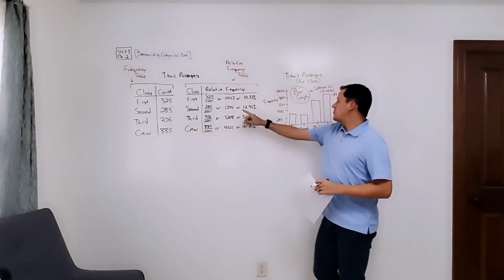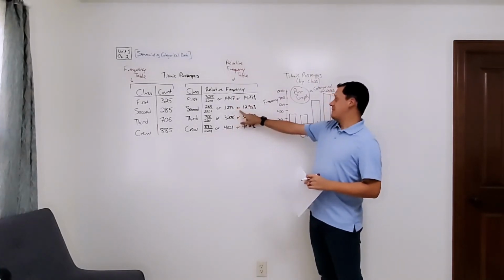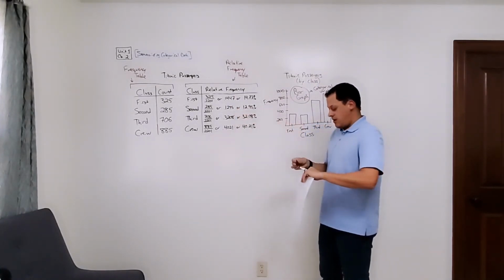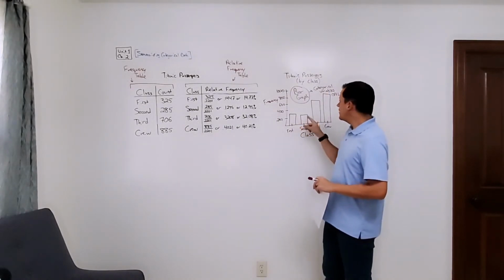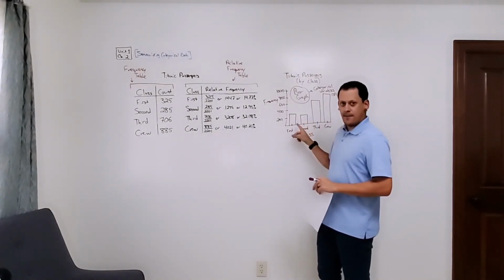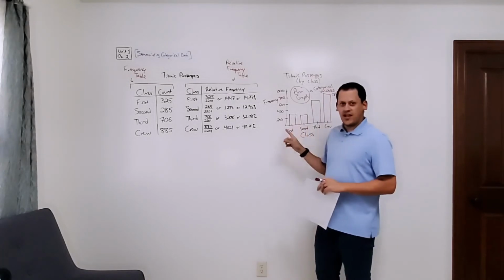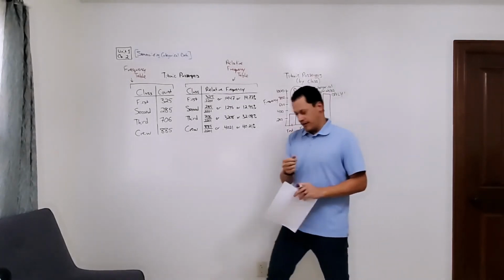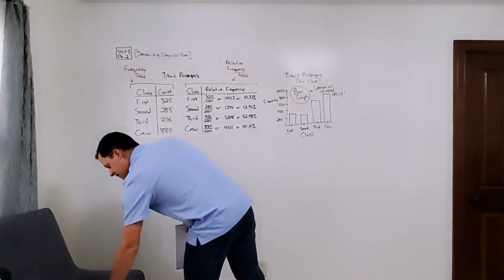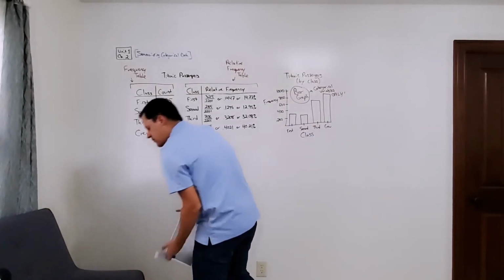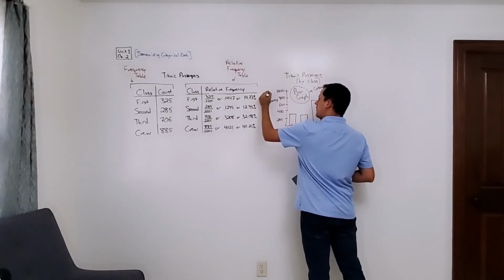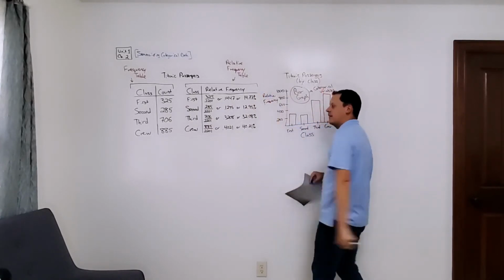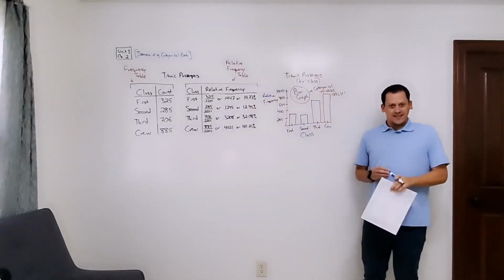If we wanted it to reference the relative frequency table, we actually don't have to change this all that much. This actually stays almost exactly the same. We only have to change a small part of it, and the part we have to change is the vertical axis.